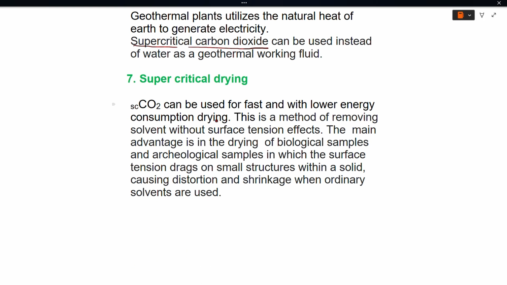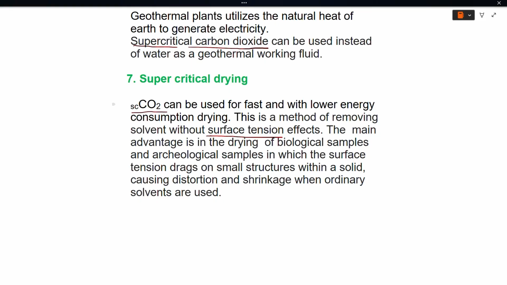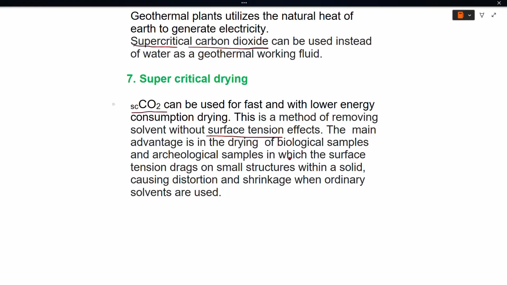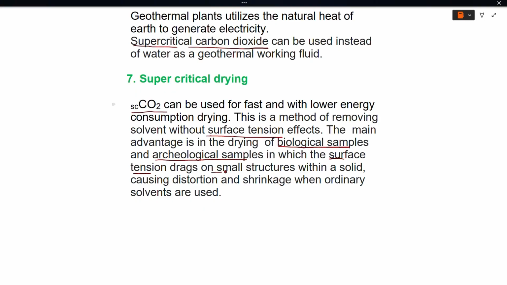Next is supercritical drying. When we use supercritical carbon dioxide, since it has good diffusibility and all, its surface tension is very low, or you can say that surface tension is negligible. Now, when surface tension is present in solvents, when we extract certain delicate samples like biological samples or archaeological samples, what happens is when we try to remove the solvent from it, the surface tension of the fluid drags small structures within the solid, causing some distortions, or in some cases it shrinks.